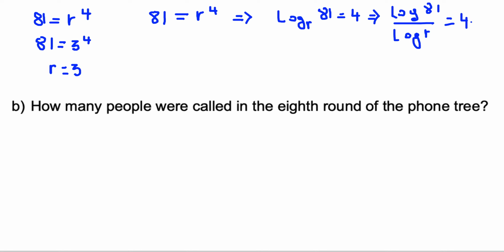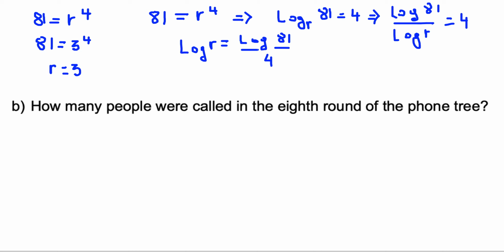But one easy way is to just change the places of 4 and log r. Then the common log of r is equal to the common log of 81 divided by 4. This is a little bit better.